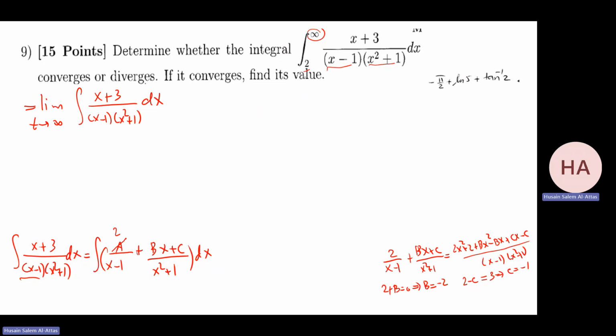So my B is minus 2 and my C is minus 1. So what is this integral? Yeah, I need to split this into 2 parts. Minus 2x over x squared plus 1 minus 1 over x squared plus 1.